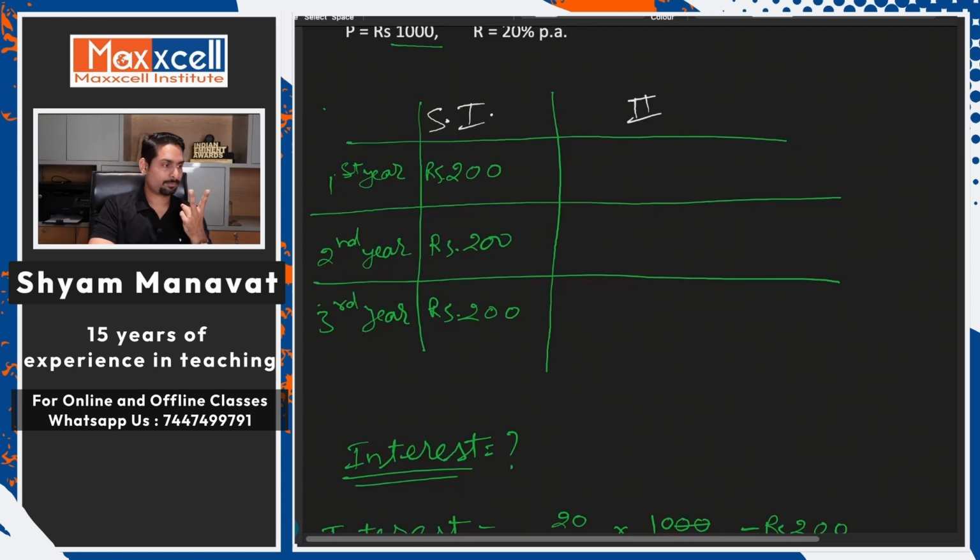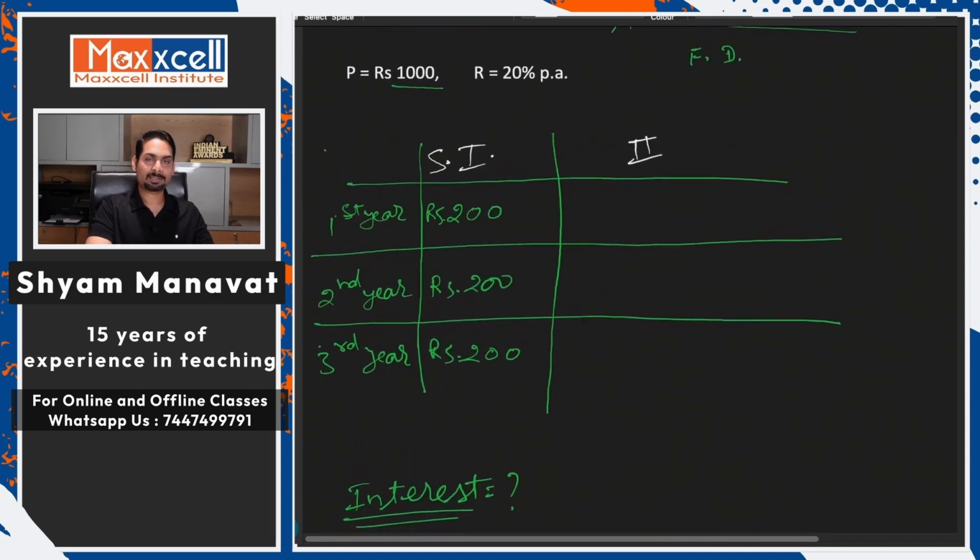Now case 2. In case 2, it's the same: principal is 1000, rate of interest given by the bank is 20% per annum. I invest 1000 rupees in this scheme. Now, after the first year, what will be the interest generated? I'm sure it will be the same. You don't have to calculate; you must be aware of it.